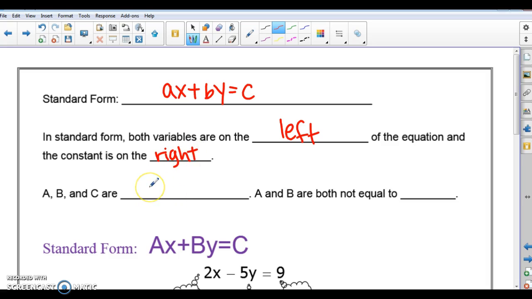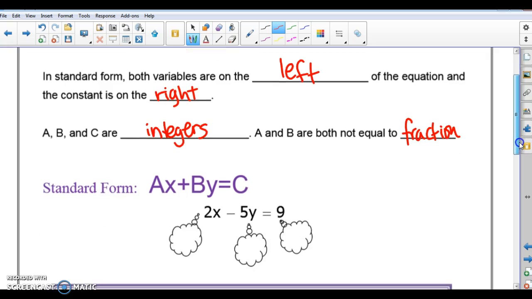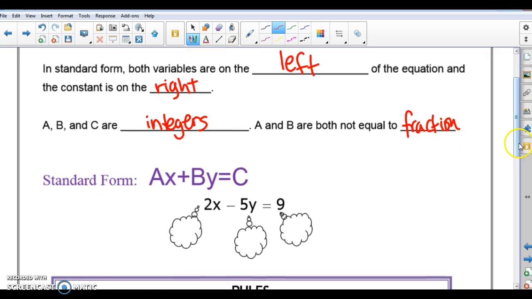Okay, and a, b, c are integers. You cannot have fractions or decimals. Alright, so standard form is ax plus by equals c.